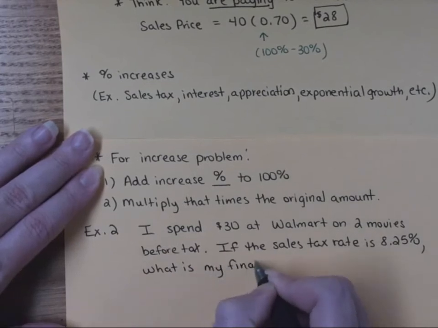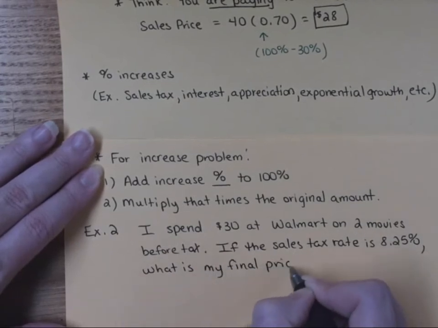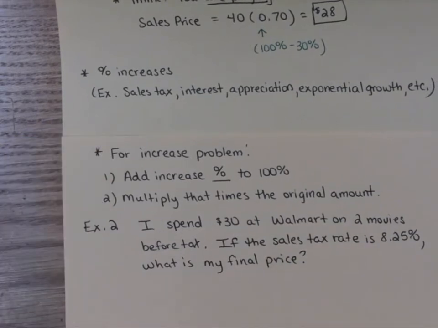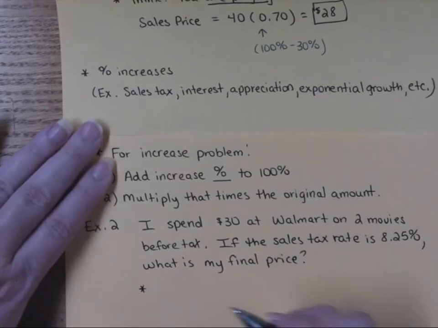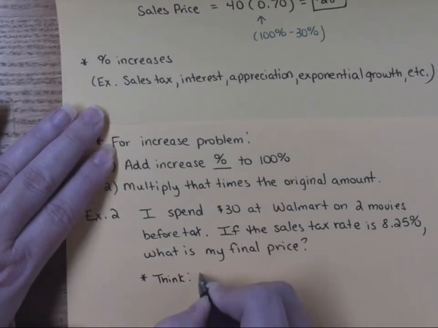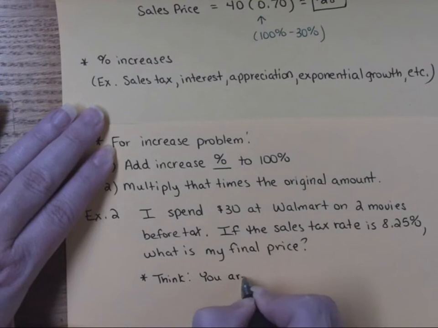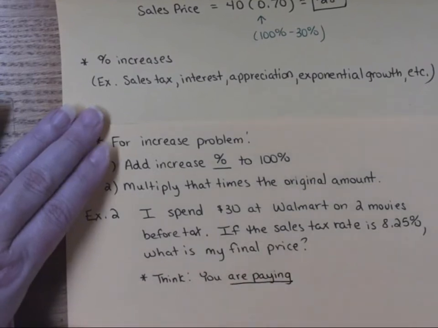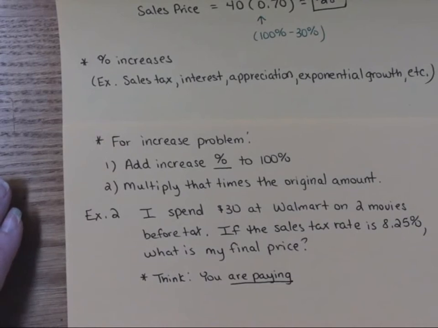And we might want a calculator for this one, because I happen to give you a decimal percentage. So again, we're going to try to do this in one step, not two. Our think step is, rather than focusing on adding at the end, we're going to focus on what you are paying. And we're going to add that 8.25% to 100.